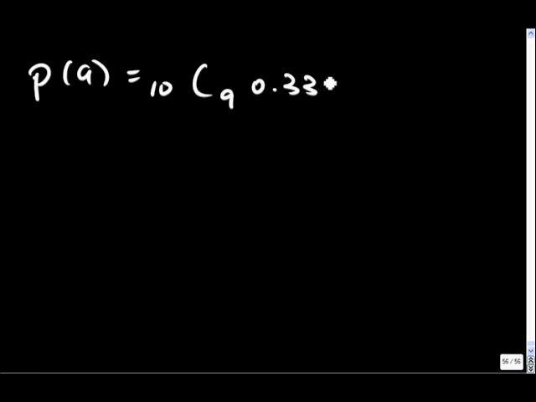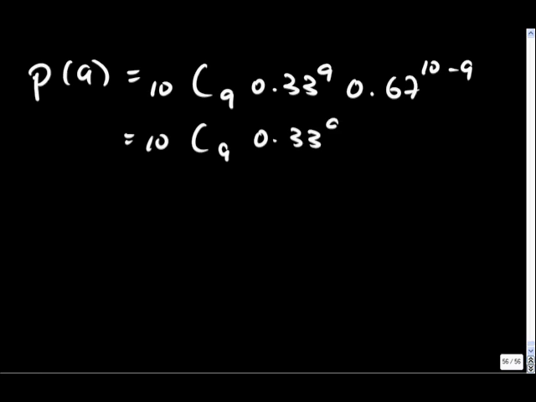P of 9. P of 9 is 10C9, 0.33 to the 9th power, 0.67 to the 10 minus 9th power. 10C9 will be 0.33 to the 9th power times 0.67 to the first power.